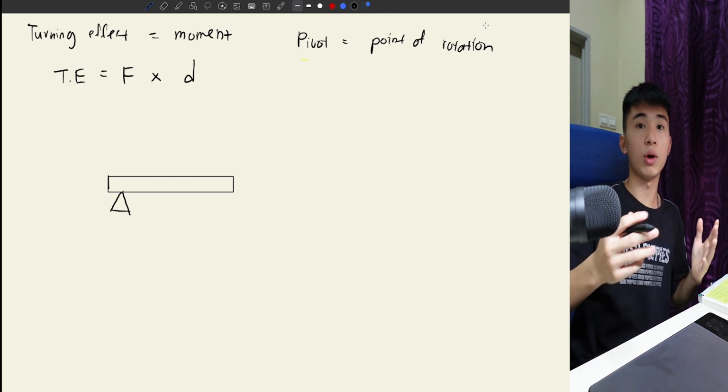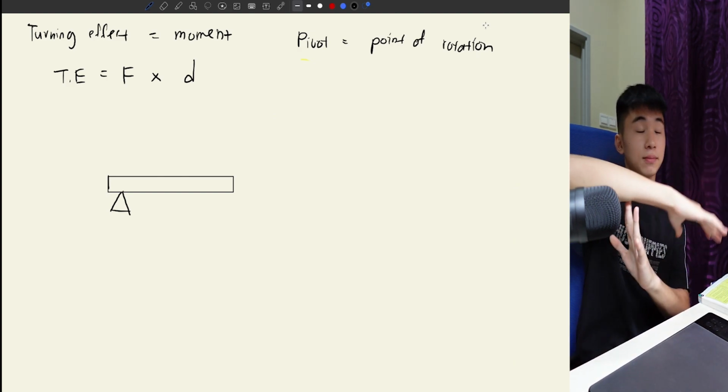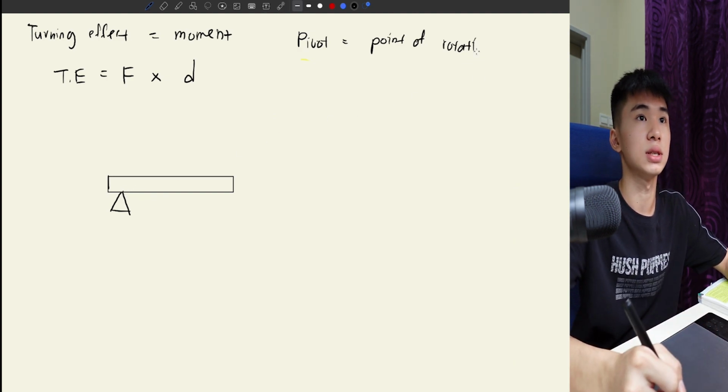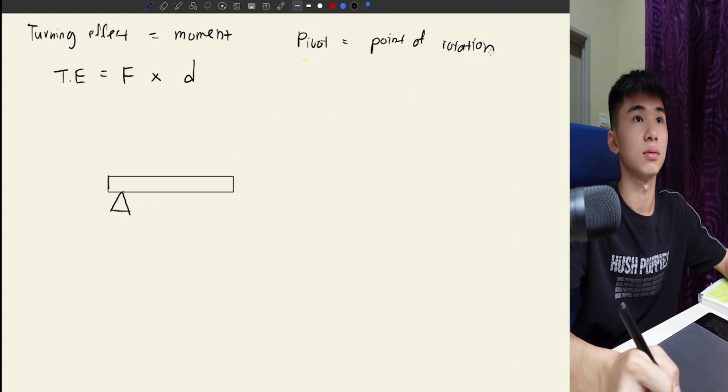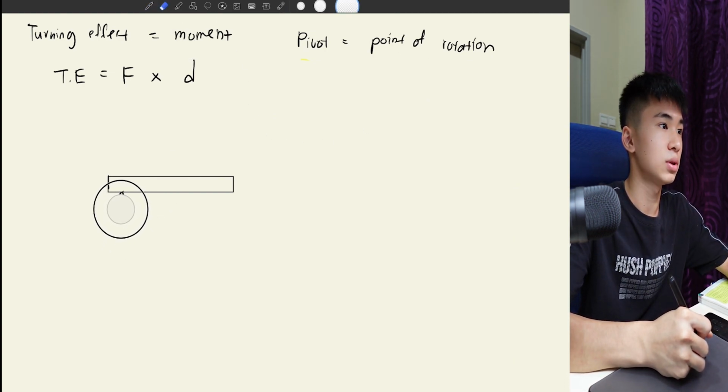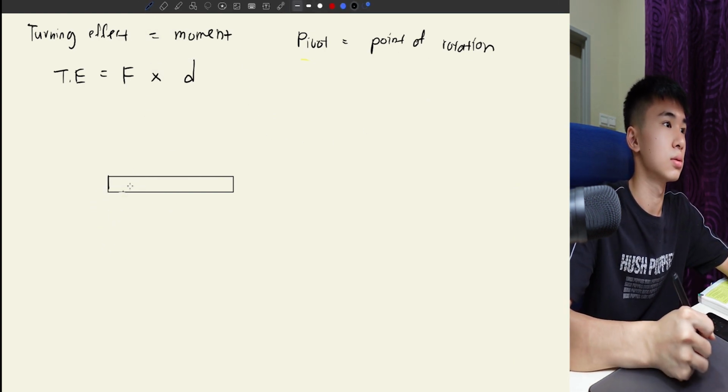Okay, the point where the rotation occurs. So let me just redraw this nicer.